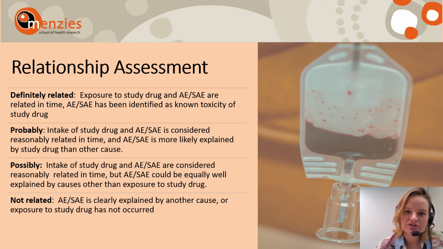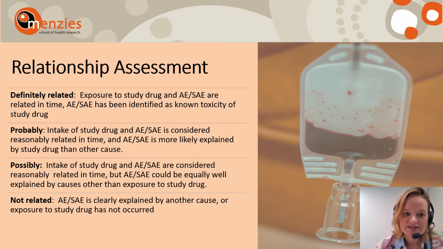Possibly a causal relationship exists when the event is a known or possible effect of the drug, yet follows only a fair temporal sequence from the drug's administration, and it may be explained by participant or study factors.